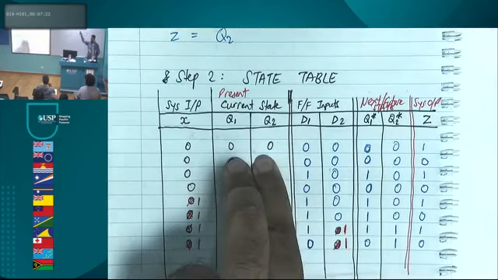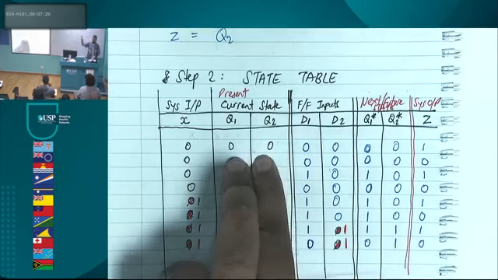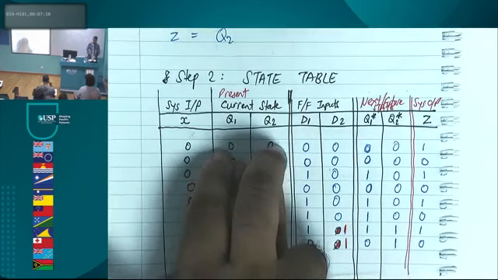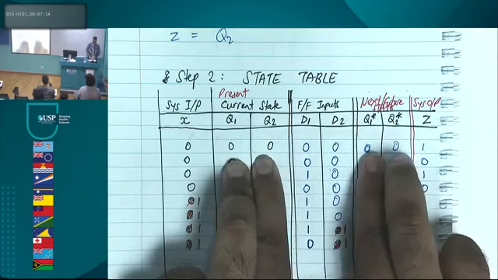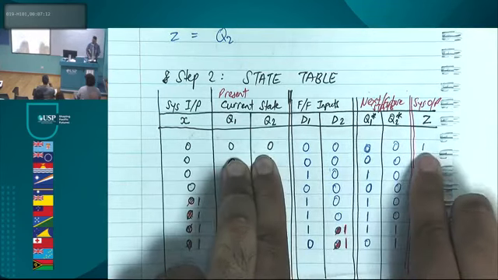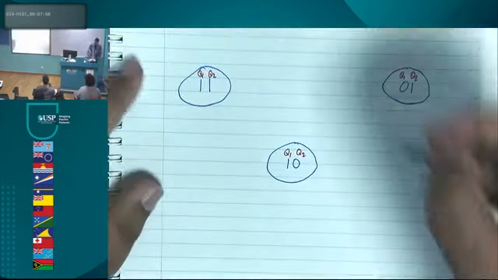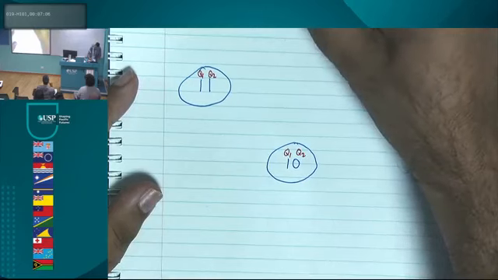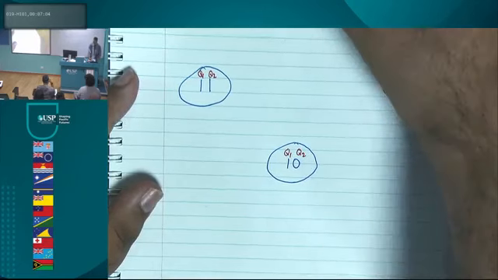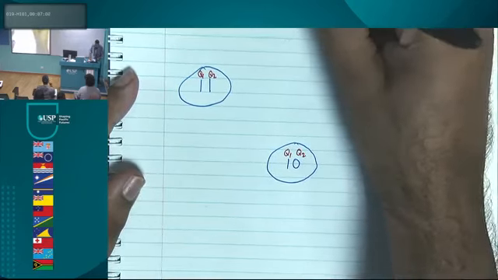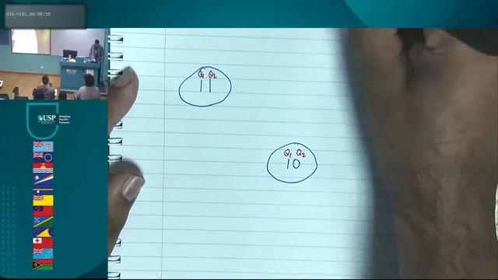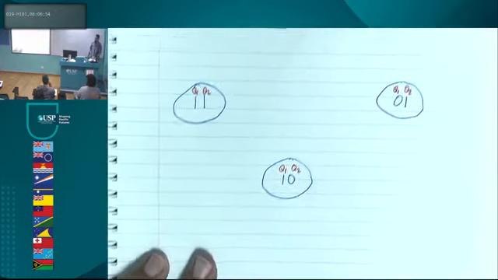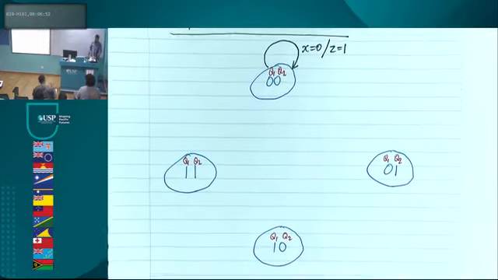There's something known as system input, there's something known as flip-flop input. 0 0, if you supply it with input 0, becomes 0 0. And the system output is 1. That's how we do it. So 0 0 stays the same when x is equal to 0 and y will become 1, z will become 1. All right?